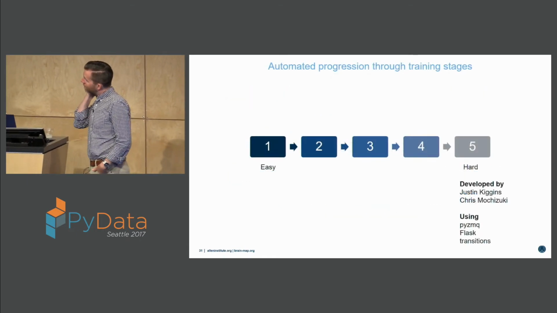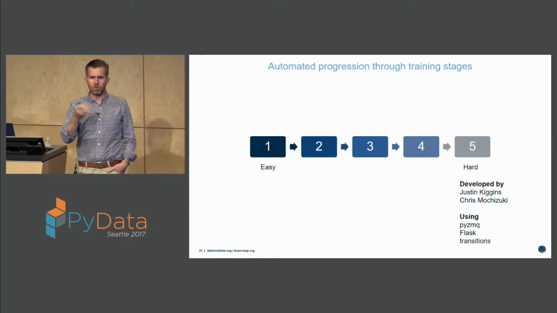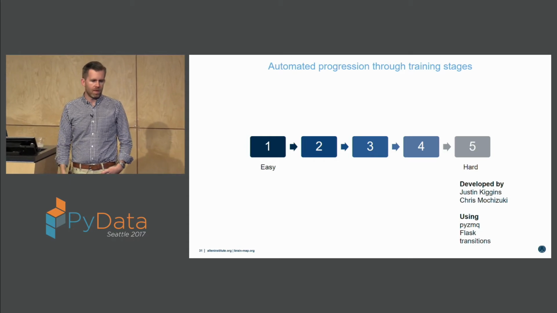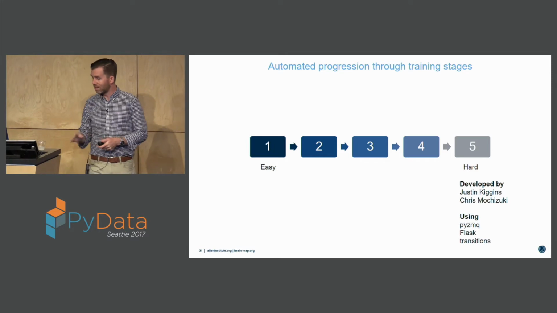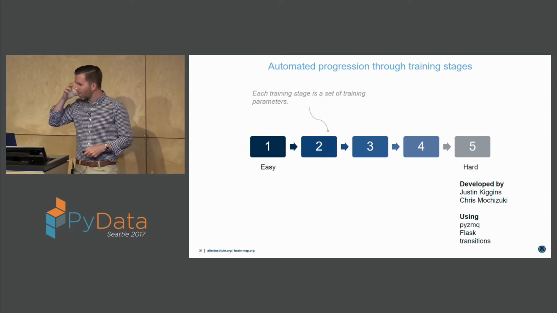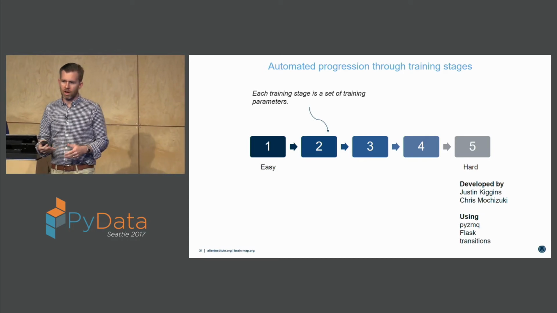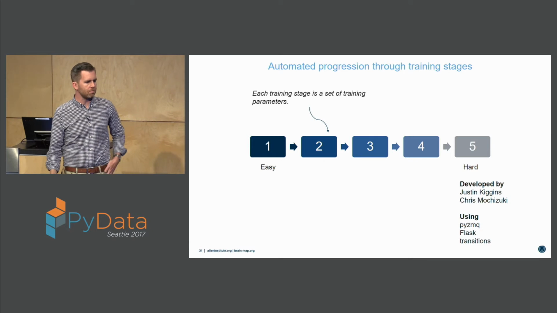Effectively, we can define a graph of stages of training that, in the simplest version, is linear and goes from easy to hard. Every node in this graph is a training stage with a set of parameters associated with it.